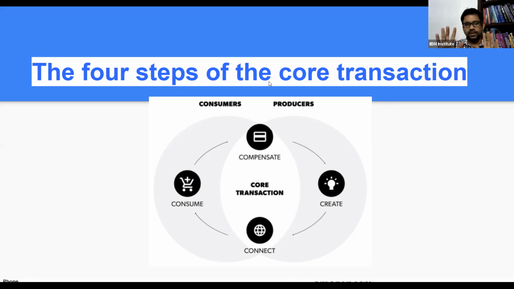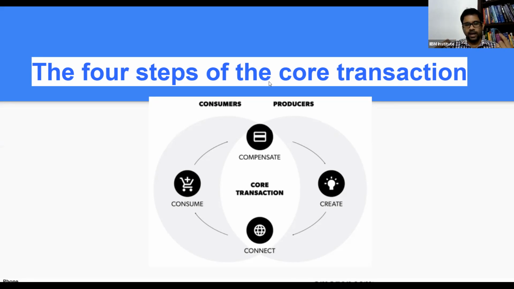On the platform, it will be listed. And the consumer comes to that platform. When the consumer comes, the platform should be able to return some results for his queries.